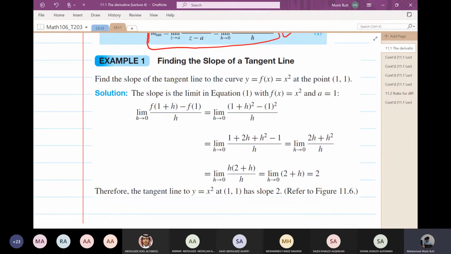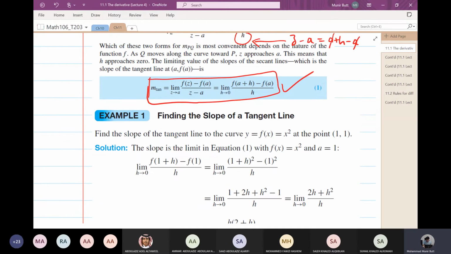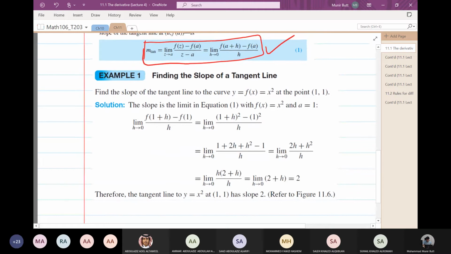For example, it says find the slope of the tangent line to the curve at the point (1, 1). So now the question is not like before, where we found the slope of a line. Now the question is to find the slope of the tangent line to this curve.